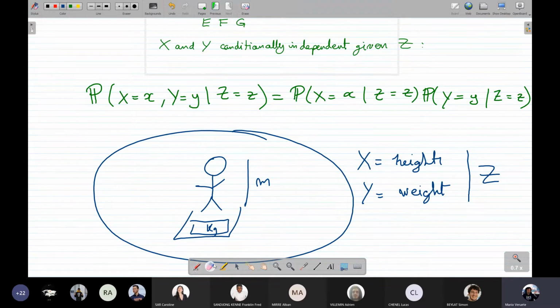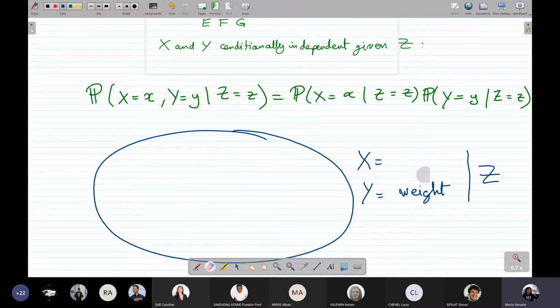If we want to give something much more realistic than this, X can be, for example, the price of oil, when you go with your card to fill the tank of your car.